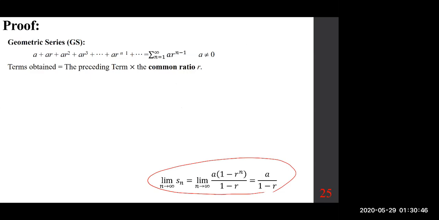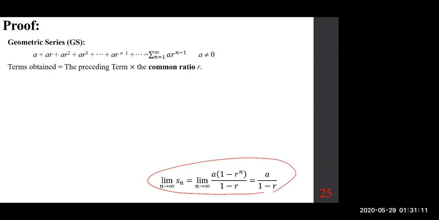The limit of S sub n as n goes to infinity is the limit of a times 1 minus r to the power of n over 1 minus r as n goes to infinity, which equals a over 1 minus r if r is between negative 1 and 1. Okay, if that is the case.